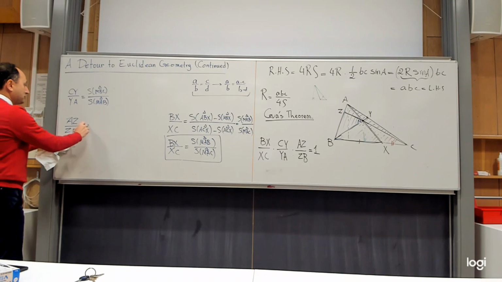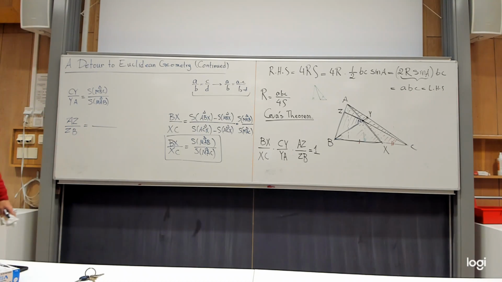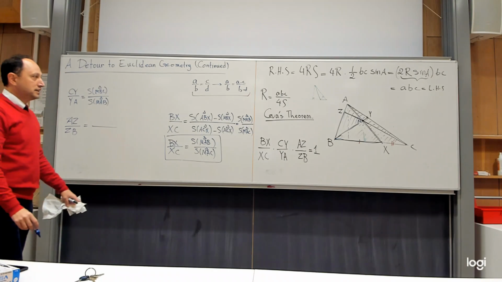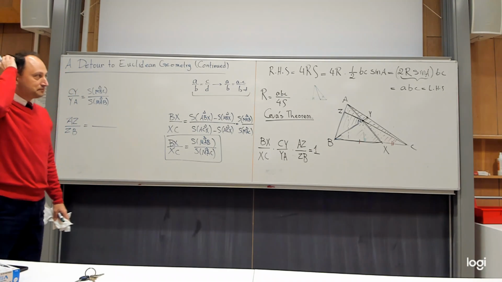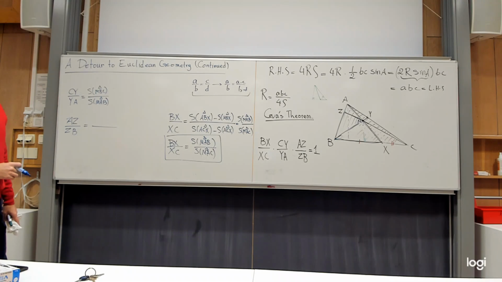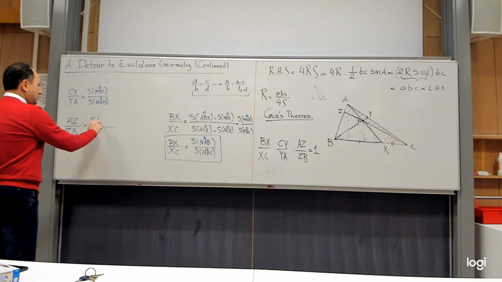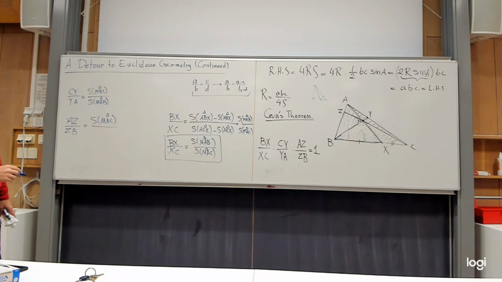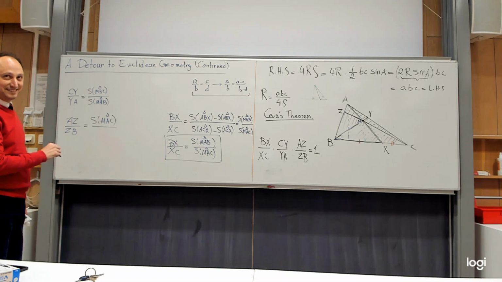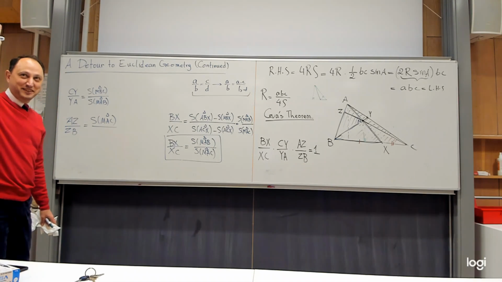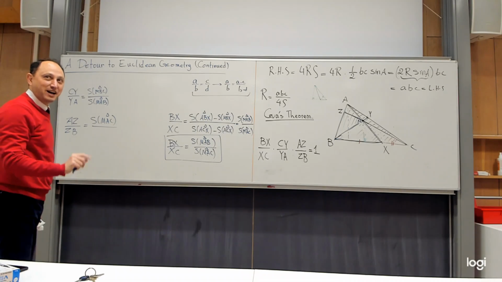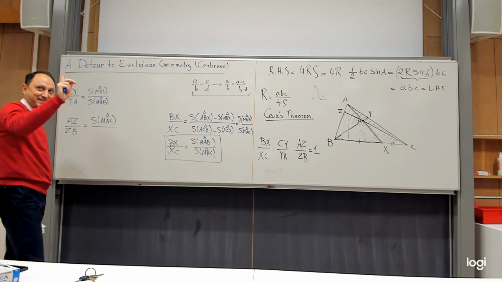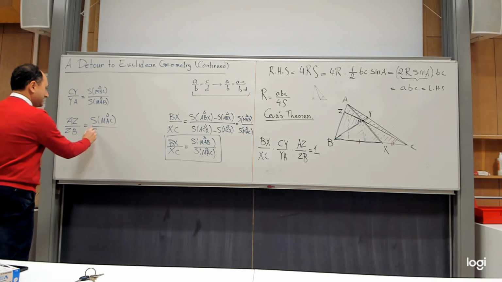And then what happens for this last fraction? Can you read this one? AZ over ZB is what? MAC divided by MCB. MCB, yes?